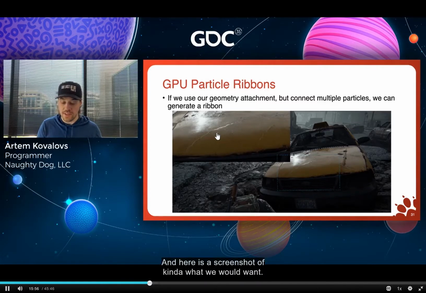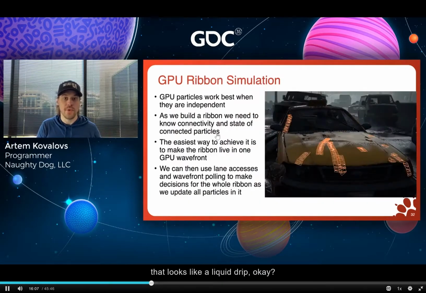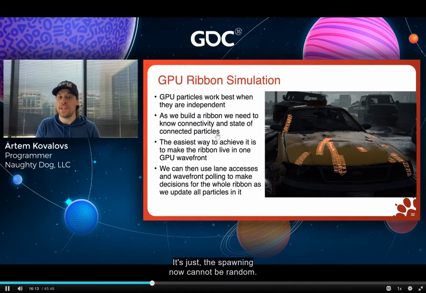And here's a screenshot of what we would want. We would want to generate some kind of ribbon that looks like a liquid drip, okay? And we can certainly do that with our attached particles, right? It's just the spawning now cannot be random. Whenever you have a ribbon, if you have a root or a head of a ribbon, we need to spawn a new particle that's ahead of this head to become the new head of the ribbon.